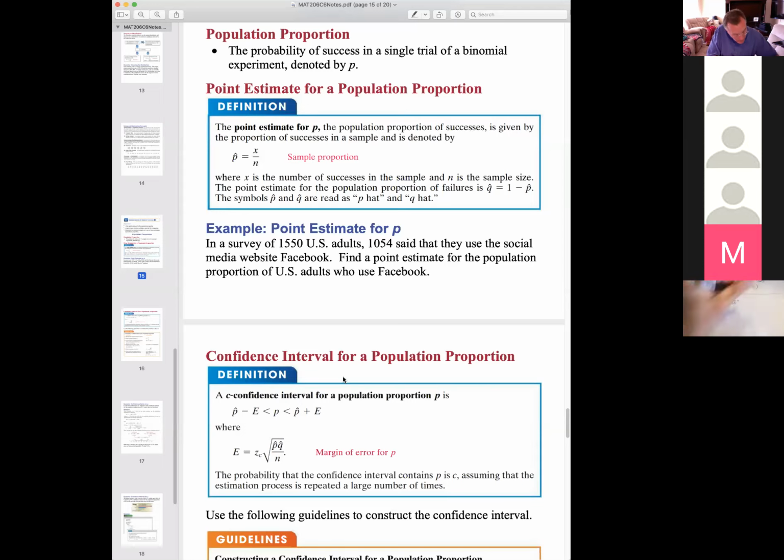So you'd say, well, 68% of my sample said that they used Facebook. So I'm thinking that maybe 68% of the whole population uses Facebook.